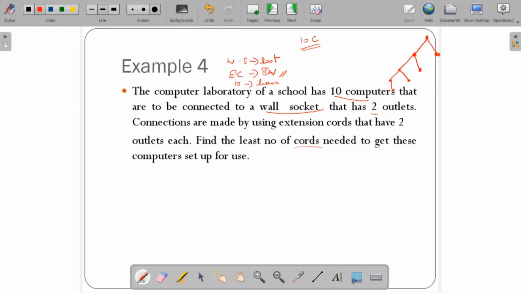So it would be something like this. There are 10 computers, right? 1 2 3 4 5. Again from here I would have 1, again from this 1 2 3 4, and from this again I have.